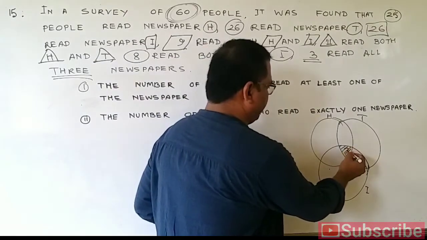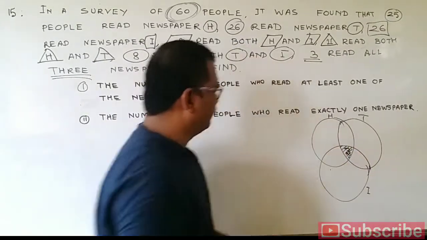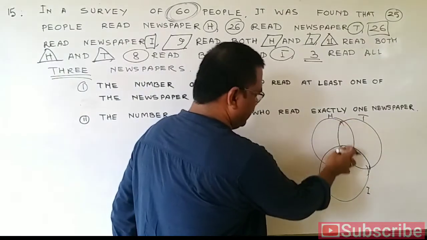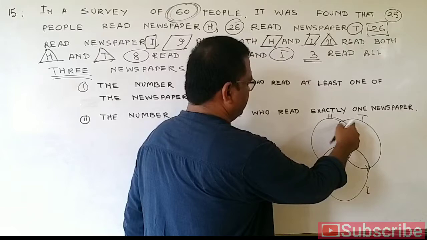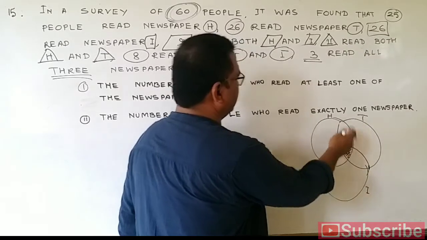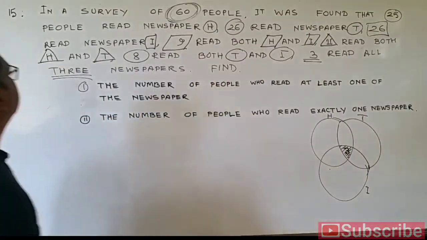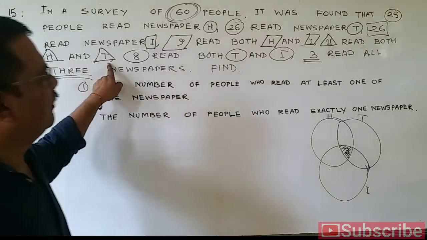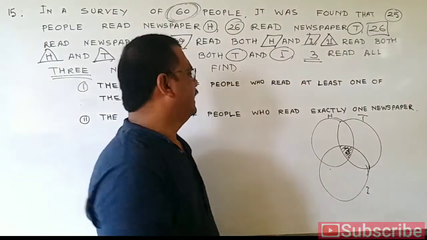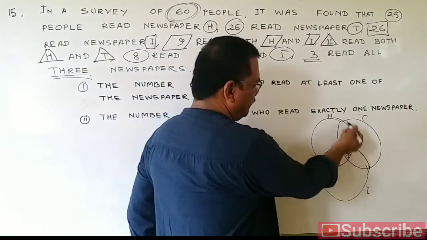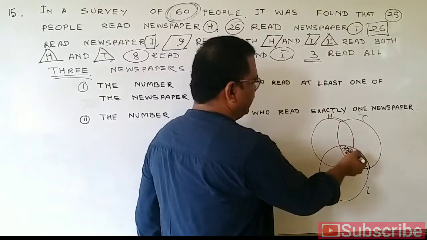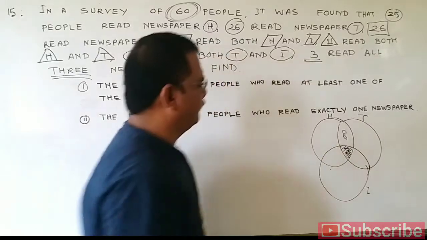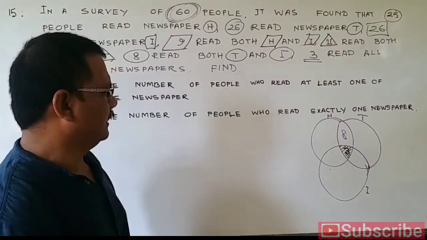There are 3 persons here. And in this part, people who read H and T. How many people? 11. 11 means 3 people are included here, so the rest, 8 persons, will be here.